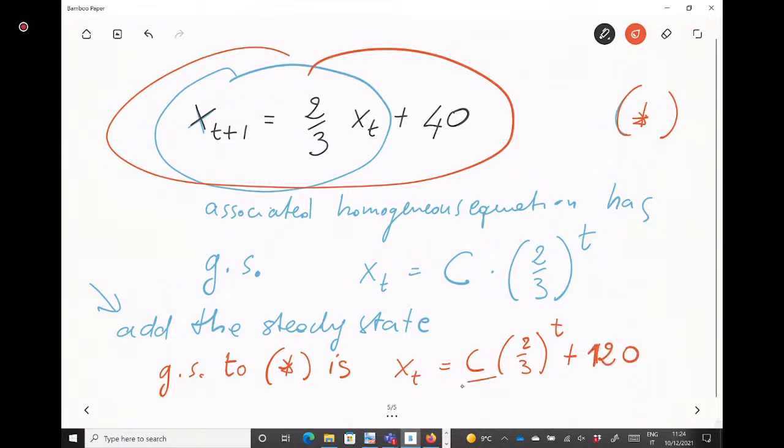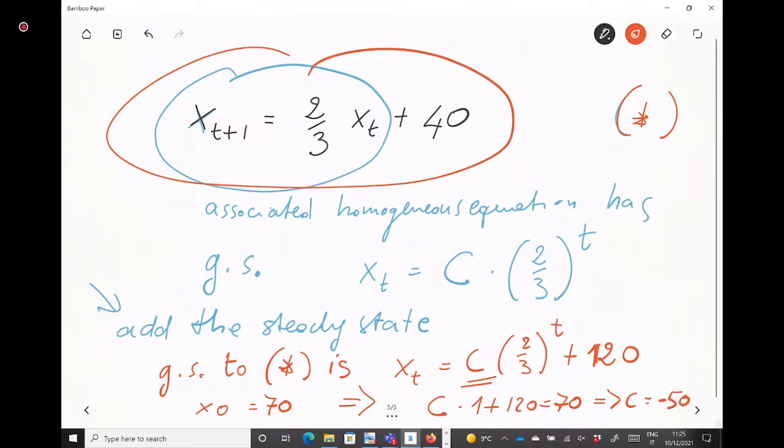Now, like for differential equations, we impose an initial condition, x_0 equal to 70. So x_0, where 0 is a subscript, equal to 70, imposes t equal to 0 here: c times 2/3 to the power of 0, c times 1 plus 120 must be equal to 70, which means c must be equal to minus 50.